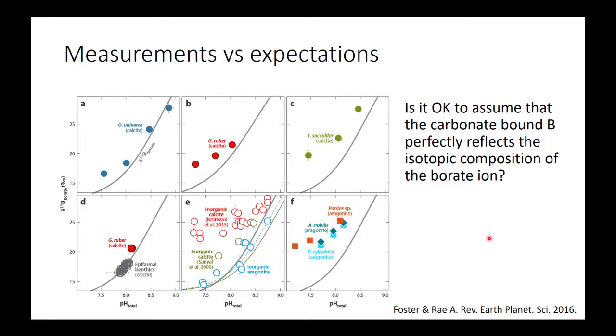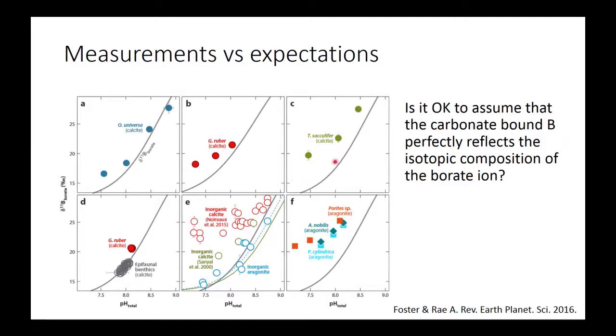What we've got at the bottom is the pH at which things have grown, and the grey line is what we would predict the boron isotope composition of the borate ion to be. You can see here that the calcite closely follows that relationship, but is sometimes different.